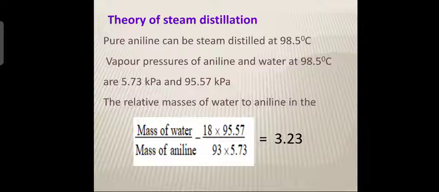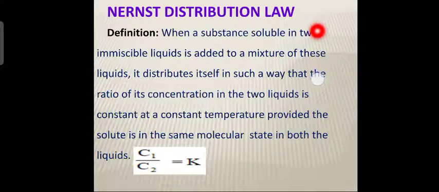Next slide. Now, Nernst distribution law. What is Nernst distribution law? When a substance soluble in two immiscible liquids is added to a mixture of these liquids, it distributes itself in such a way that the ratio of its concentration in the two liquids is constant at a constant temperature, provided the solute is in the same molecular state in both liquids.